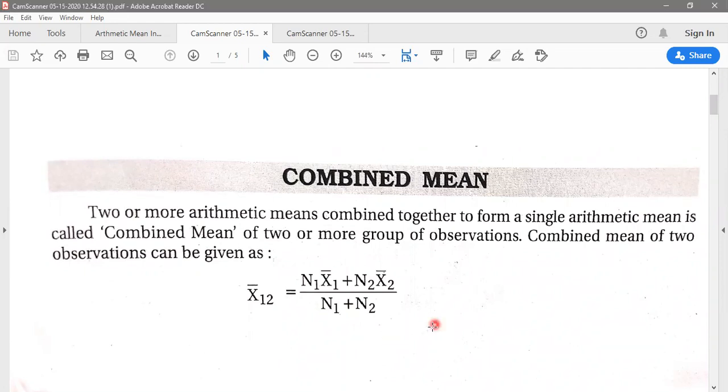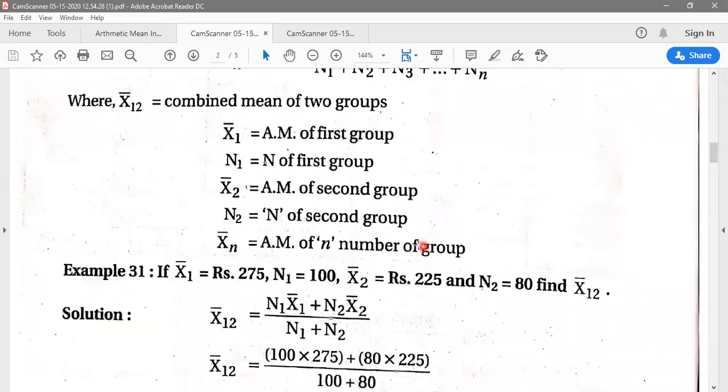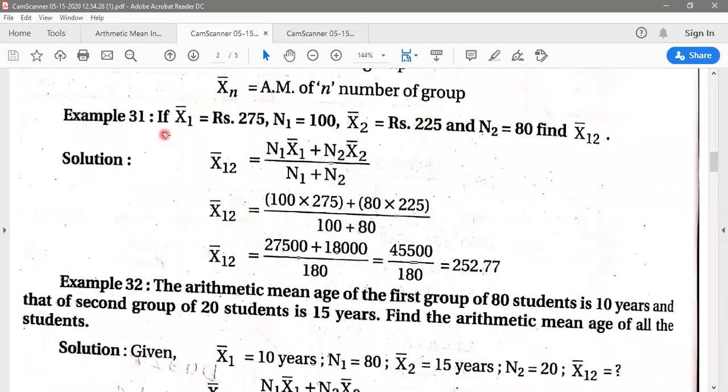Now, the first problem is very direct. x bar 1, n1, x bar 2, n2 are directly given. Sometimes you can expect this for 2 marks. Then directly find the combined mean and give the conclusion: the combined mean of the series is.